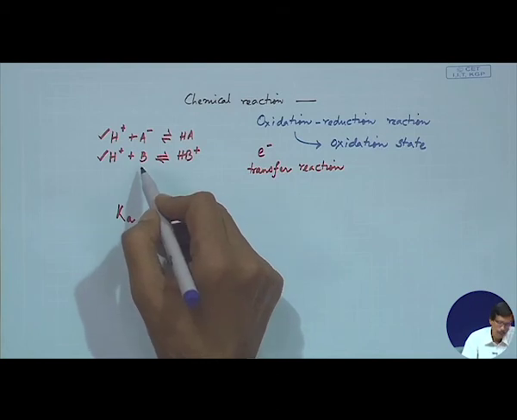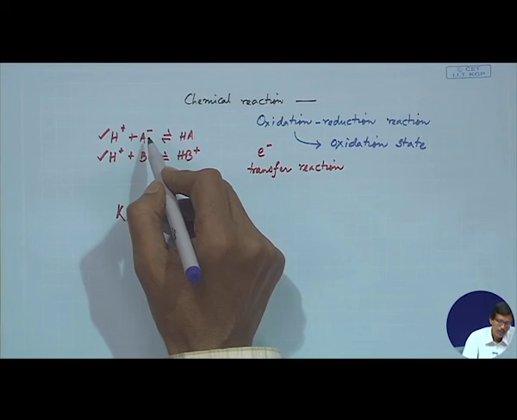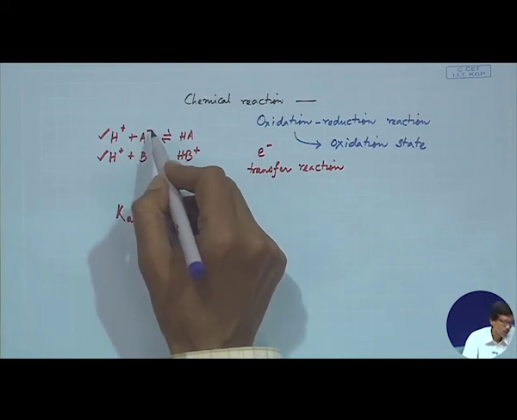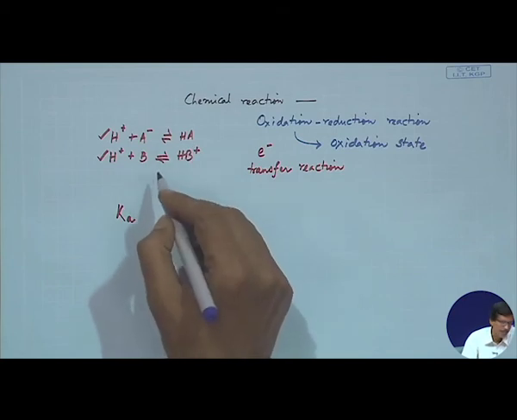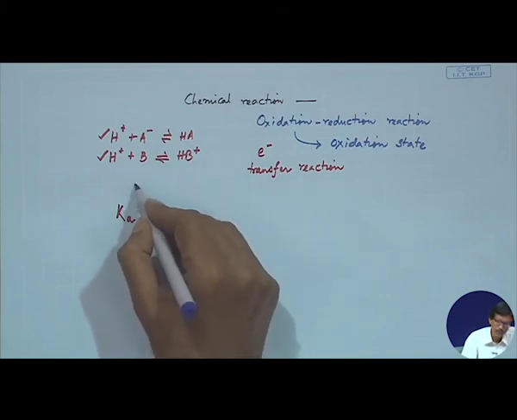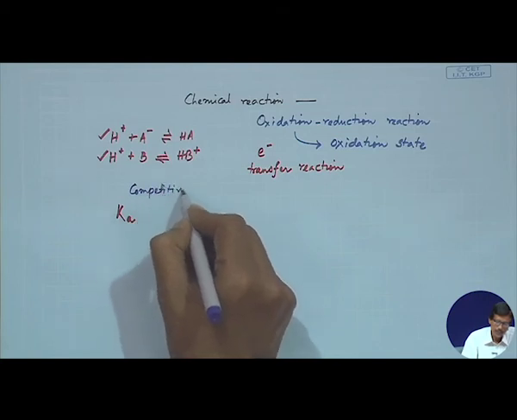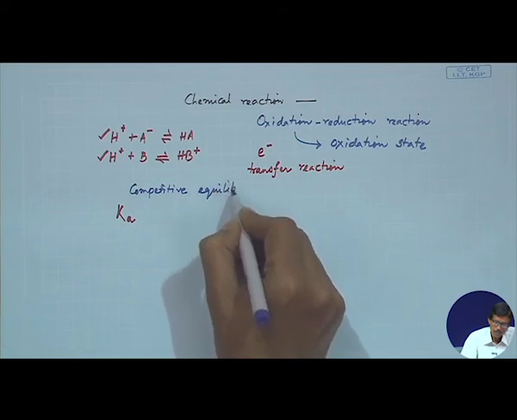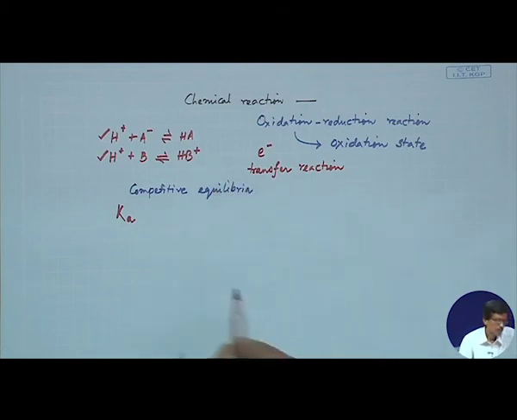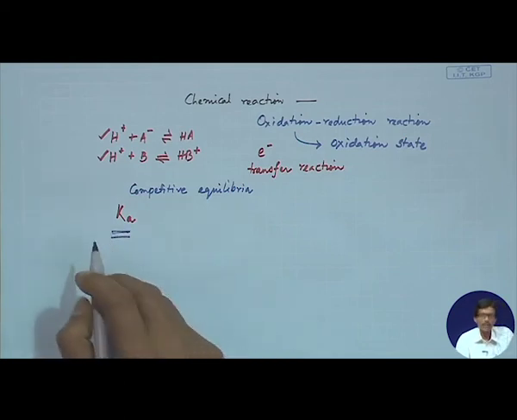So, you have a base and you have a conjugate acid of a particular acid, which can function as a base. These two common species can give a simultaneous equilibrium or competitive equilibria. That we will consider in terms of the corresponding Ka values.